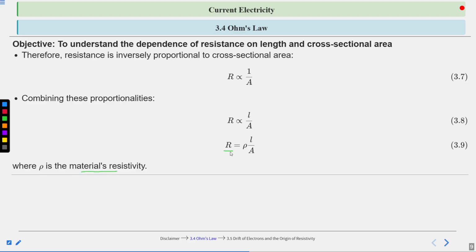Resistance depends upon both material properties and dimensions, but resistivity depends only upon the material. It is different for copper, for aluminium, for silver, but it doesn't depend upon the dimensions of the conductor. So R clearly depends upon the material property rho and the dimensions, length and area of cross section. So this is the dependence of resistance on length and cross-sectional area. Got it?